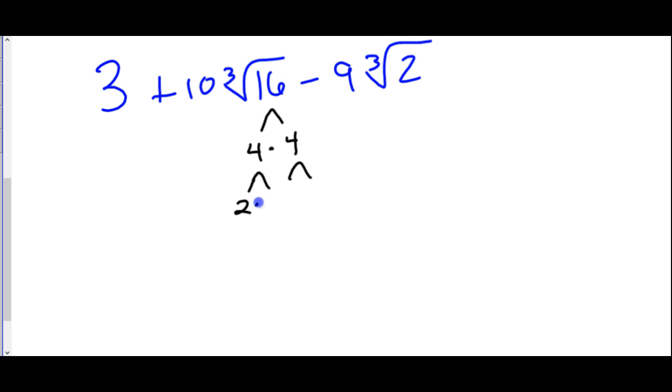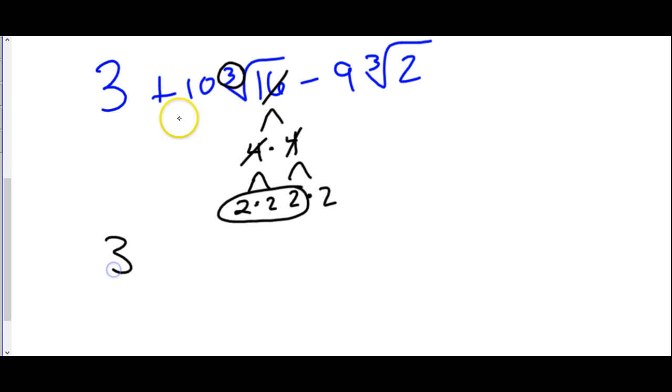4 I can break down to be 2 times 2, and the same thing with the other 4. So anything that I have broken down is not used anymore. So we're left with 2 times 2 times 2 times 2. Now this is where the index would come into play. Since the index is 3, we are looking for groups of 3. We want 3 of a kind. We have 3 2's here, and what that will mean is when we go to simplify, again we still have the plus 10, but that is just from above.